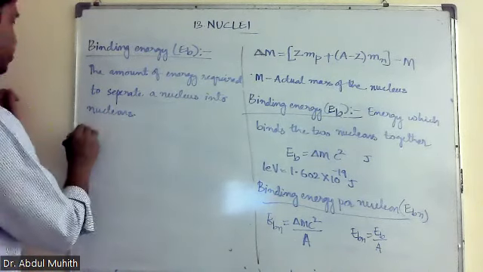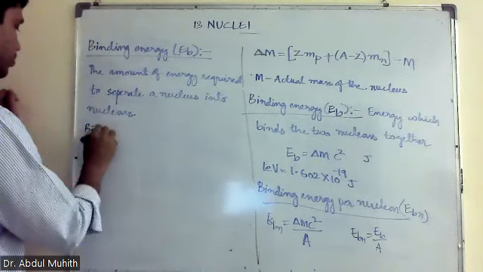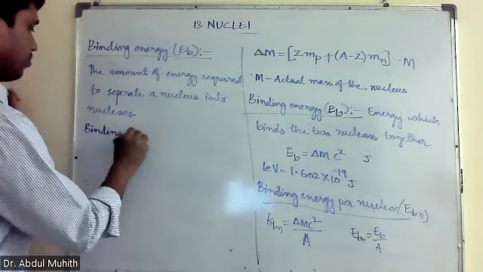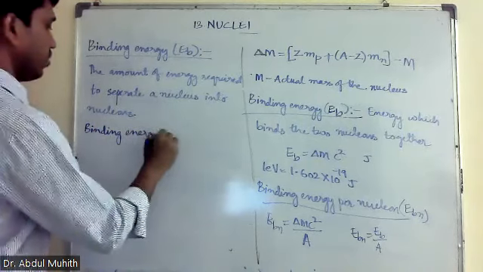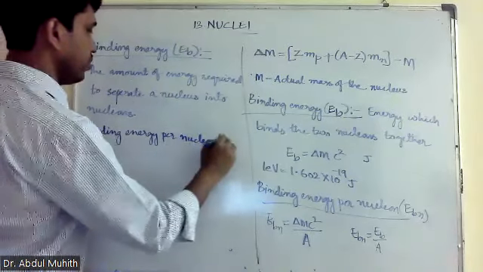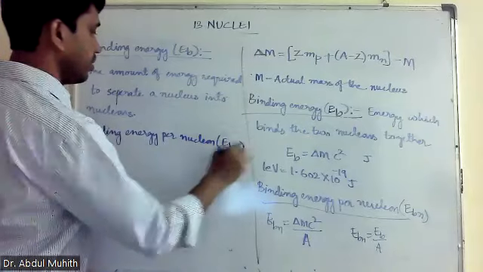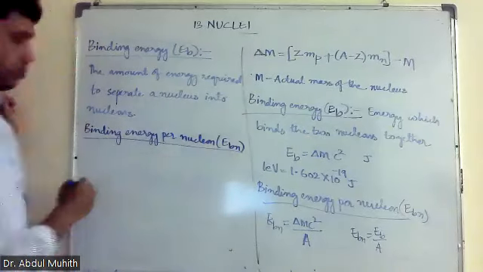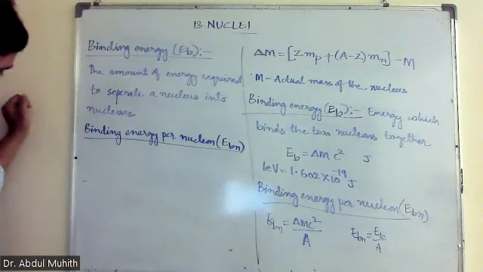Now, next is binding energy per nucleon, that is EBN.